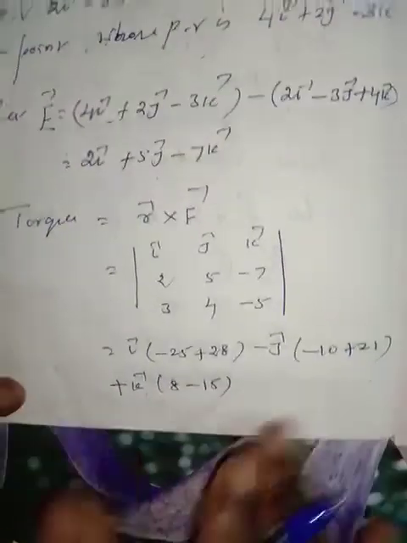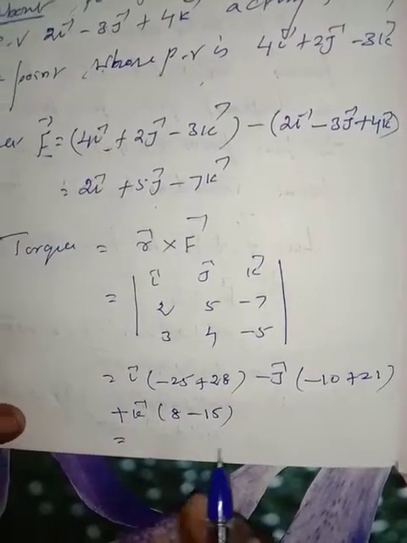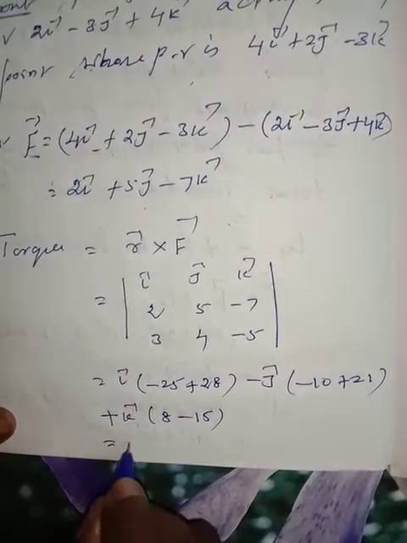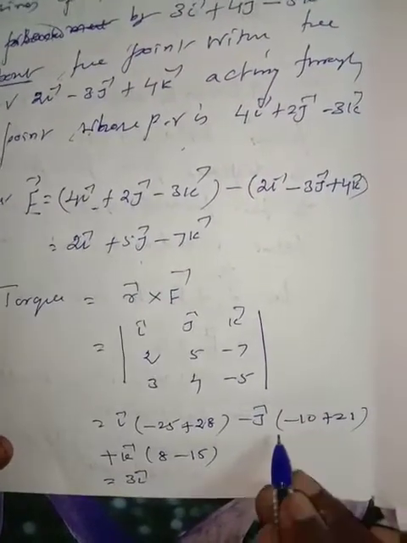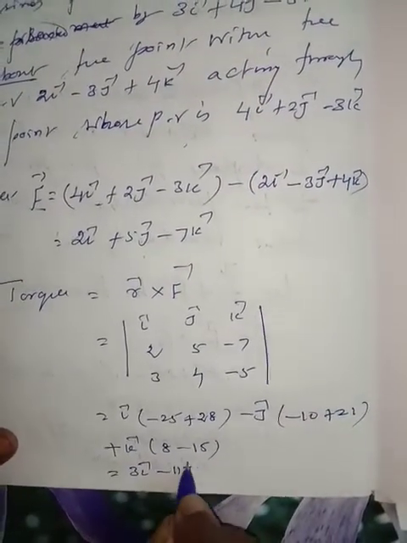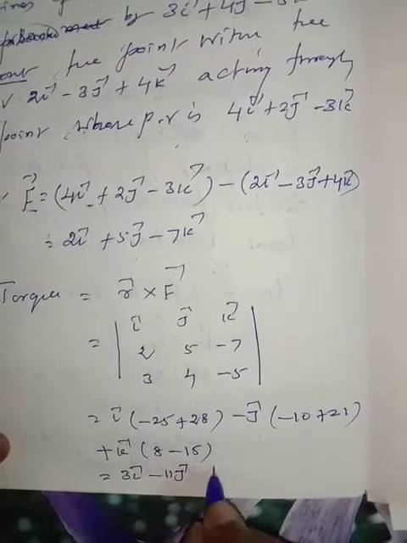This means 3i vector minus 11j vector minus 7k vector.